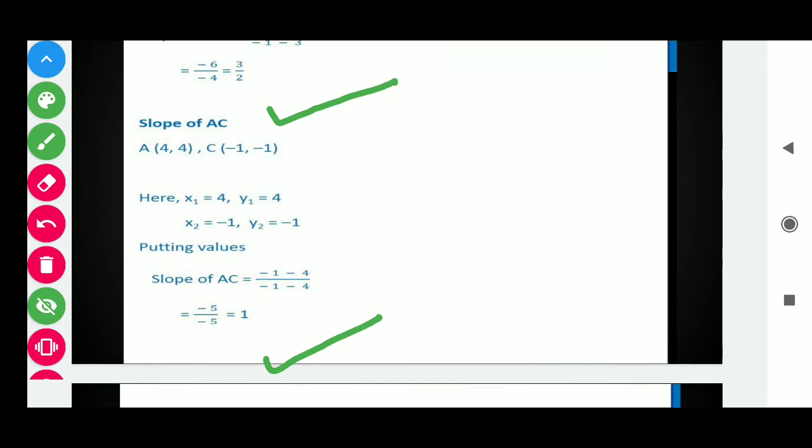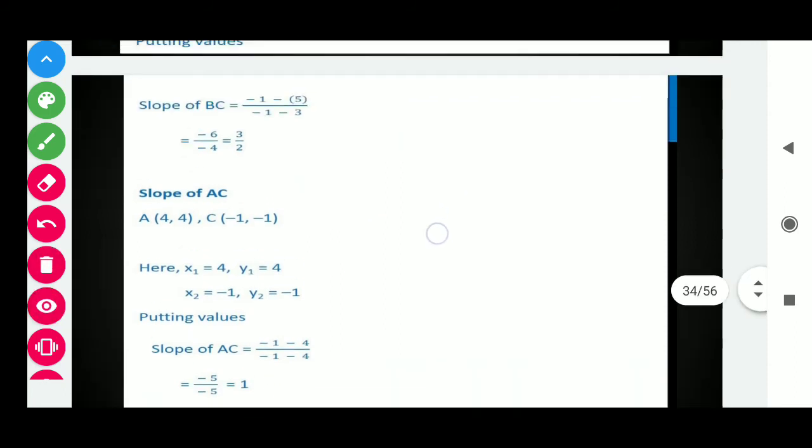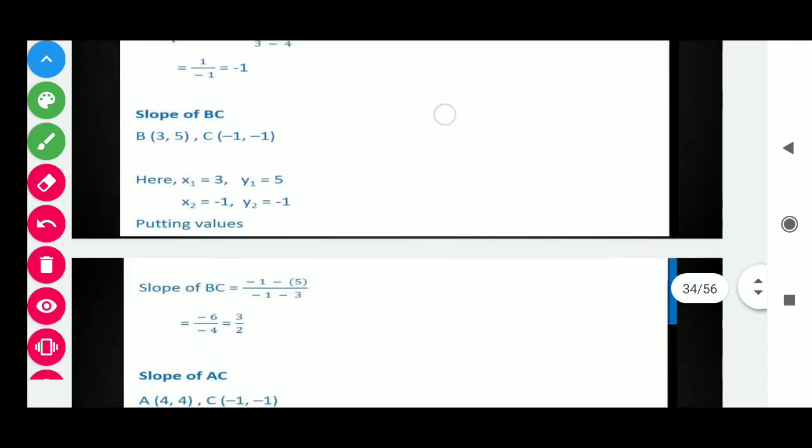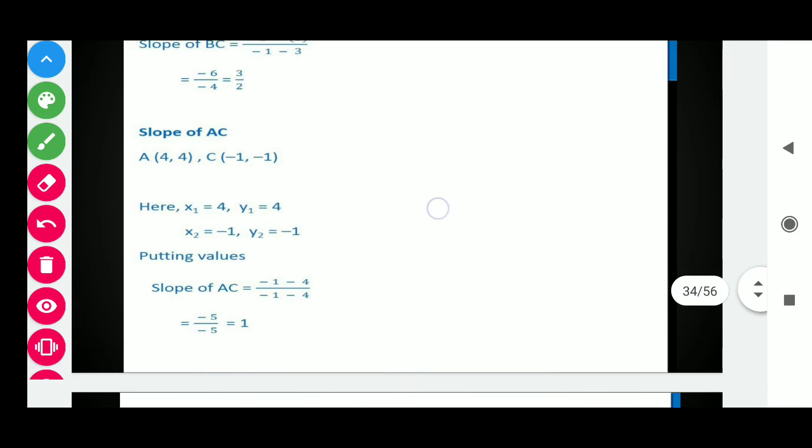Slope of AC is y2 minus y1 over x2 minus x1. The value of y2 is minus 1 and the value of y1 is 4. Similarly, the value of x2 is minus 1 and the value of x1 is 4. By putting the values, we get 1. In this way, we can clearly observe that the slope of the first line is minus 1, the slope of the second line is 3 over 2, the slope of the third line is 1.